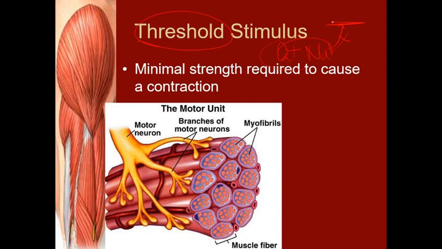Once I reach a desired level, that contraction is going to occur no matter what I do. We call that threshold. So I can do a little bit of work here, but until I reach this point, nothing occurs. Once I reach that point, I can't stop it. Okay? Minimal amount that is required for a contraction to occur. This is what the definition of threshold is. You're also going to see threshold when we talk about nerves specifically.